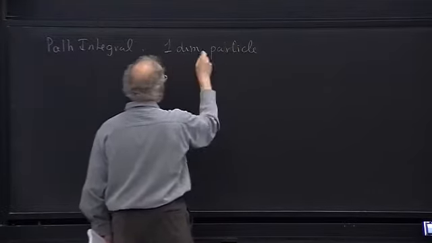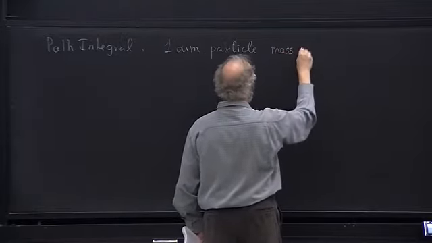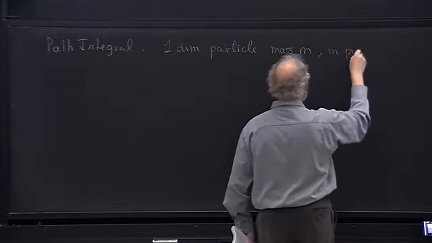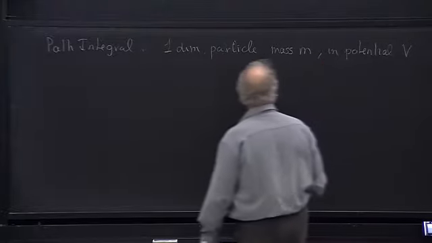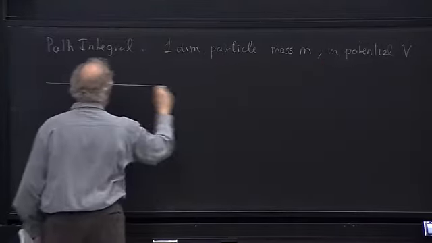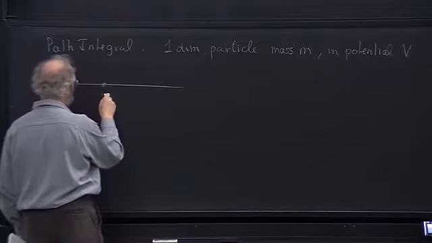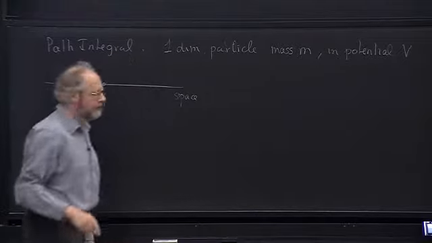So a particle in one dimension with a mass m and in a potential V. So the particle lives on a line. Its position is q. This is space. I'm going to denote the position q.